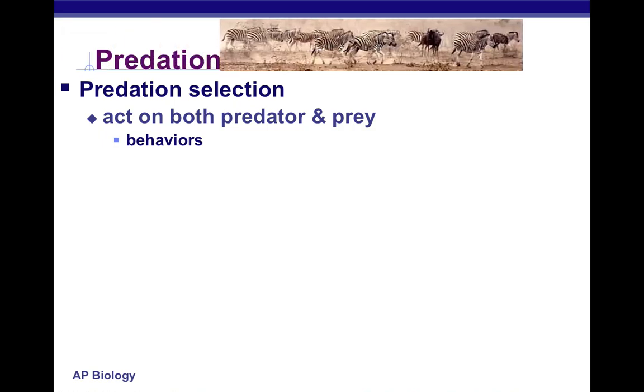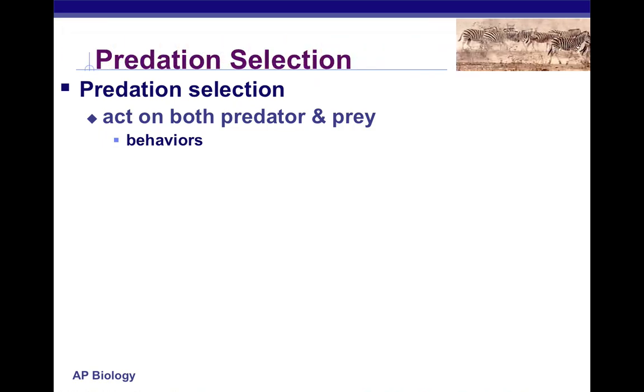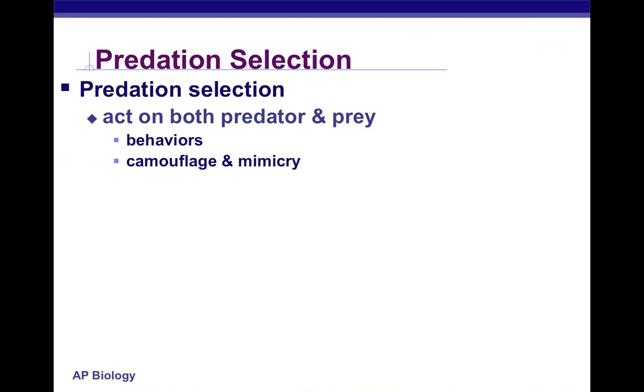These are all different types of traits that have occurred, either behavior, like being in a herd and traveling all together, or camouflage, blending in with surroundings. Mimicry, if you remember, is when one organism copies the look of a dangerous animal.